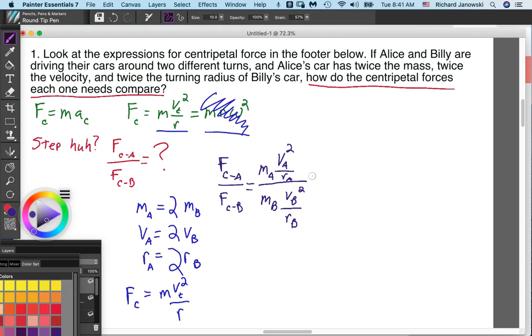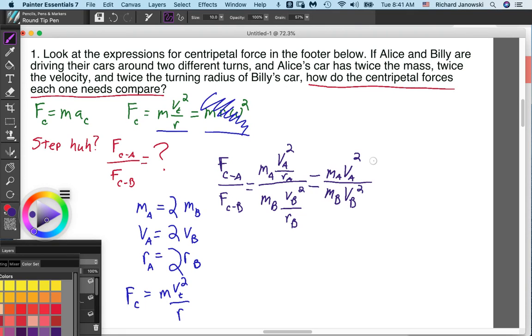So first thing I'm going to do is fix that. Pretty obvious that mass of Alice is where it belongs, and mass of Billy is where it belongs. Perhaps less obvious that velocity of Alice squared is also going to stay on the top, and velocity of Billy squared is going to stay on the bottom.